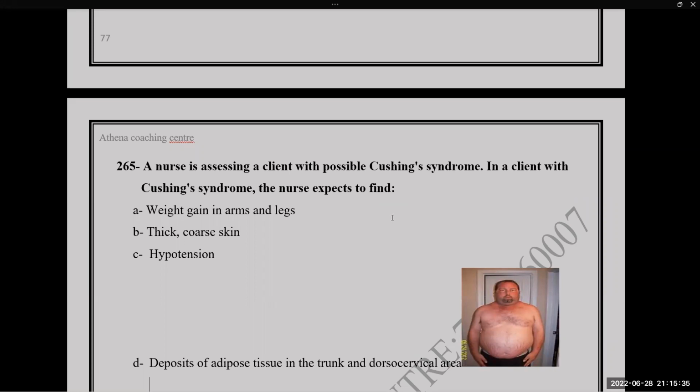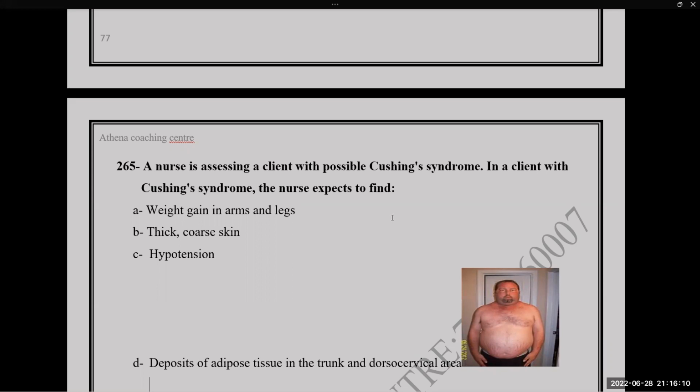Extremities are always thin, but the central portion of the patient's body will be thick or obese. So you can write down striae on the abdomen, moon face, pendulous abdomen, central obesity, and buffalo hump. One more thing, hirsutism. What is hirsutism? Excessive formation of facial hairs in females mainly.